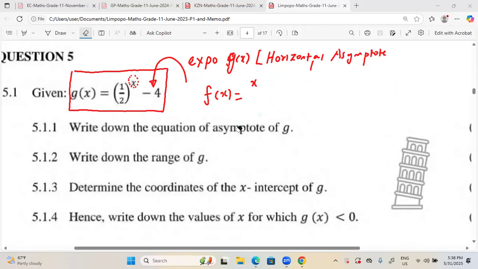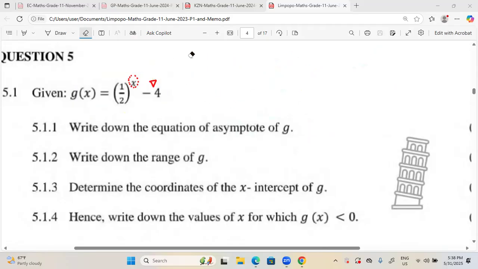They say write down the range of g. Okay. So by looking at this question 5, there is nowhere where they say sketch the graph. So I want to explain 5.1.2 very well, where they say write down the range of g.